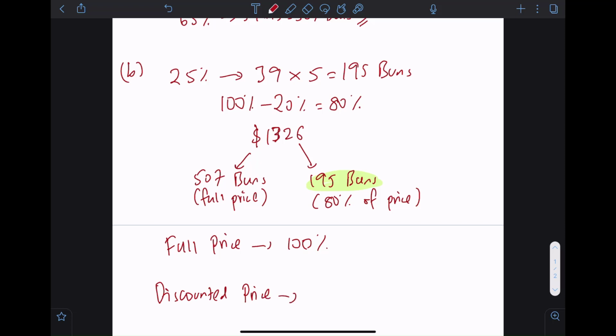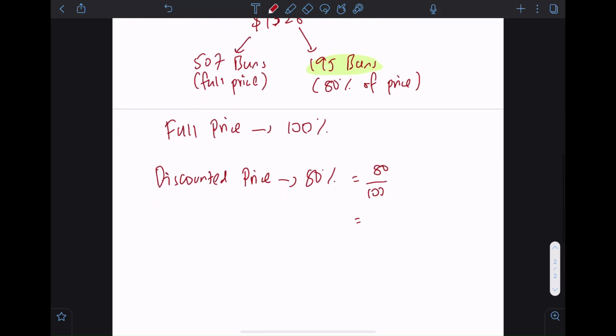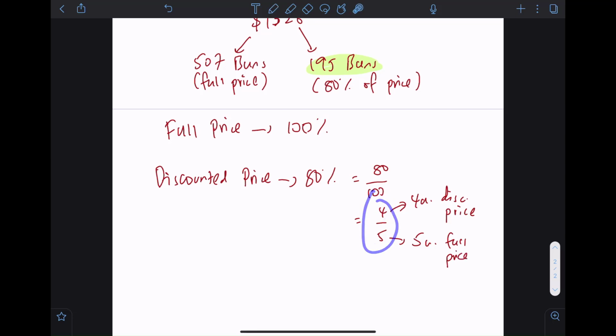Discounted price means it's 80%, which in fraction is 80 over 100, which is 4/5. This 4 units is the discounted price. This 5 units, however, is the full price. So you're paying 4 out of 5 of the price if you're buying a discounted bun.